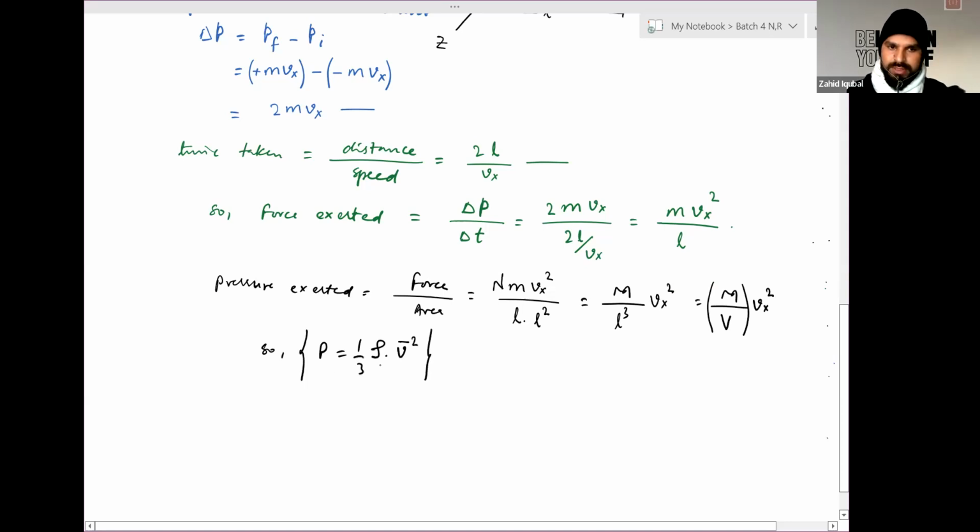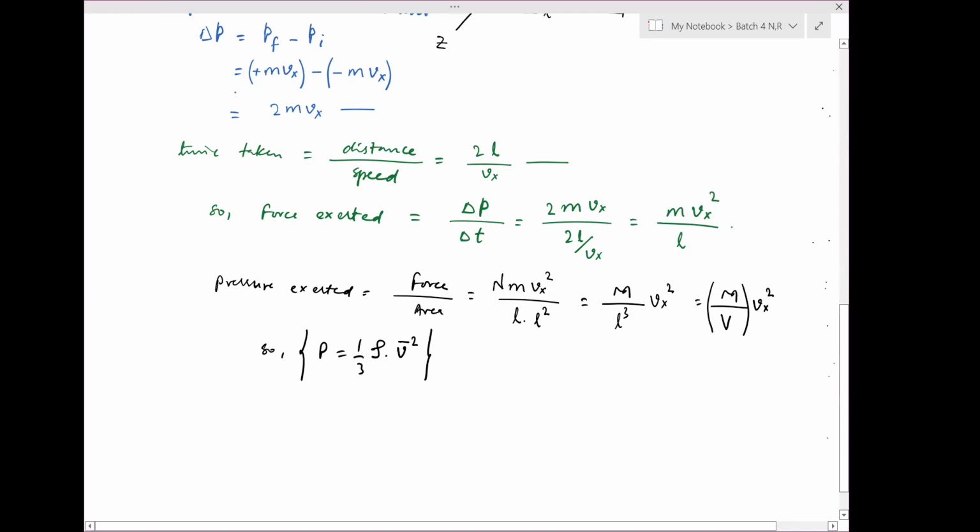So P is pressure, rho is density, and V bar squared is the mean square velocity of the gas in this particular condition. So this will be the total pressure exerted by the gas on the wall of the container. Is it clear? Gautam, any doubt? No, sir. Okay, just write it down.